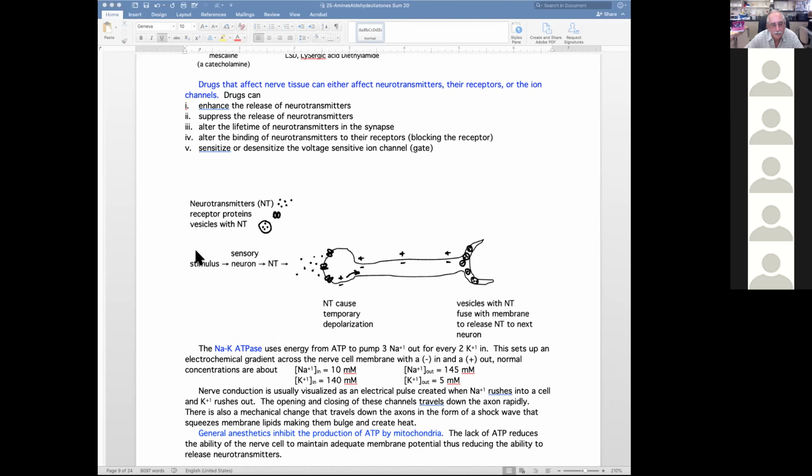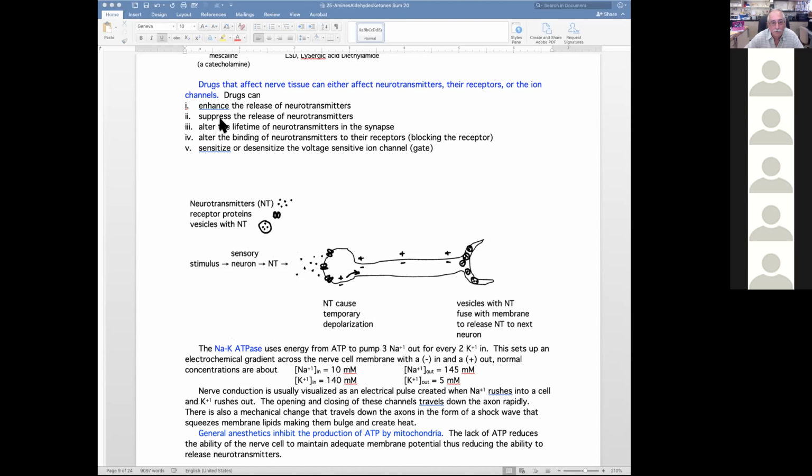So you have a stimulus that stimulates the sensory neuron. That stimulus could be heat, cold, touch, whatever. That sensory neuron, because of that mechanical or heat-related stimulus, releases a neurotransmitter. But how much it releases can be affected by a drug.